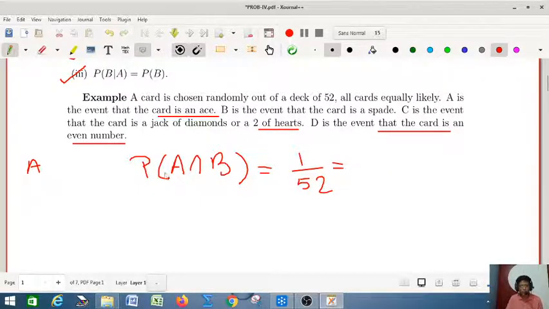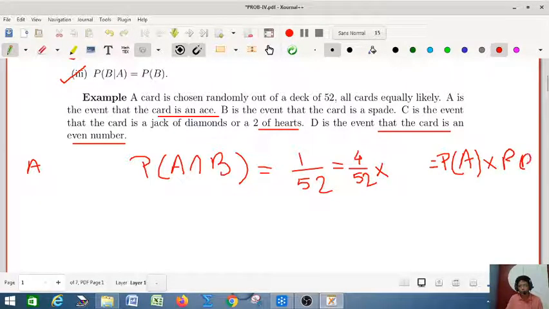Now what is the probability of A? If you want to write the probability of A, it is 4 by 52, right? Because there are 4 aces out of 52. So 4 by 52 into, if you want to write the probability of B, what is the probability of B? The card is a spade. So there are 13 spades out of 52, so 13C1 by 52C1, which is nothing but 13 by 52.